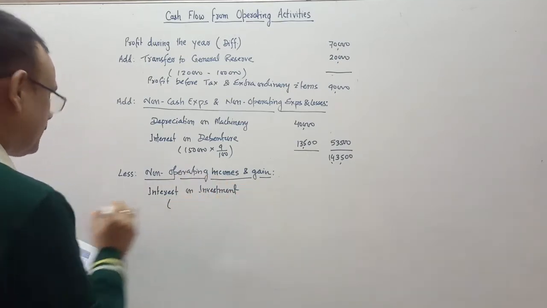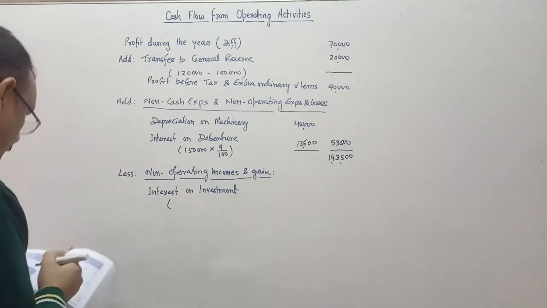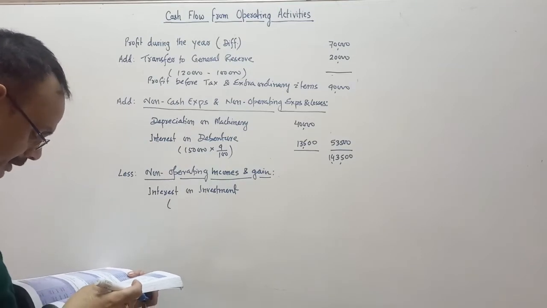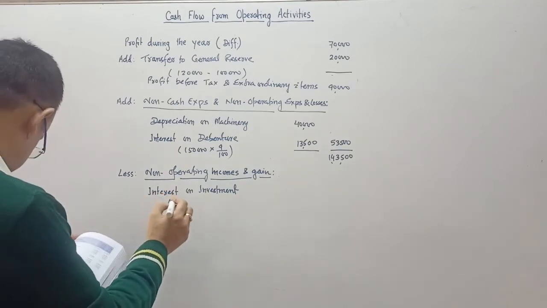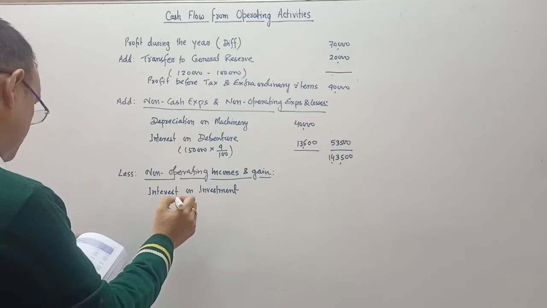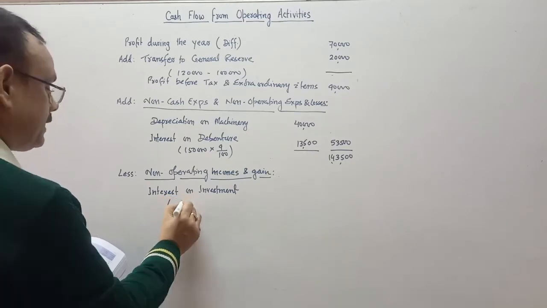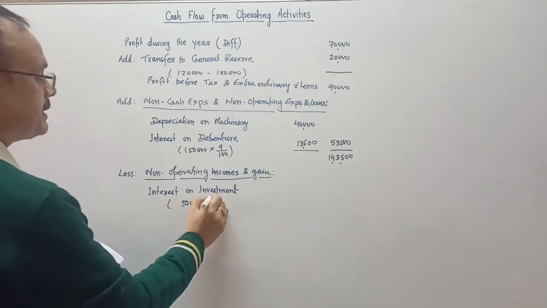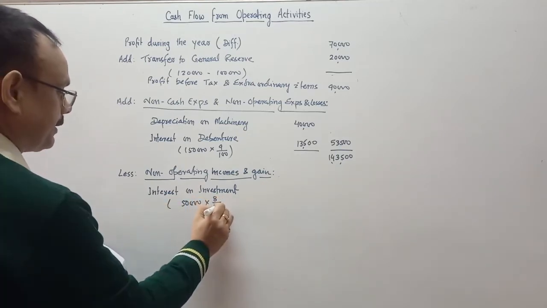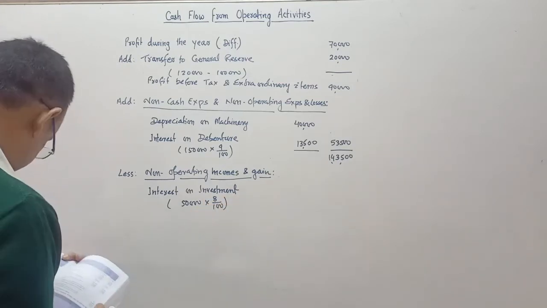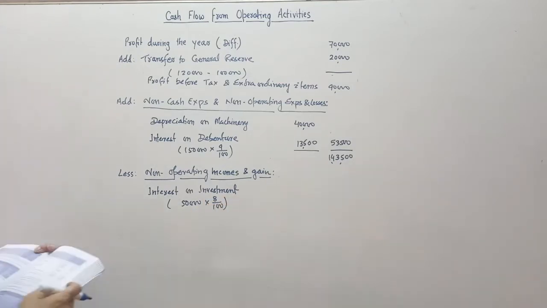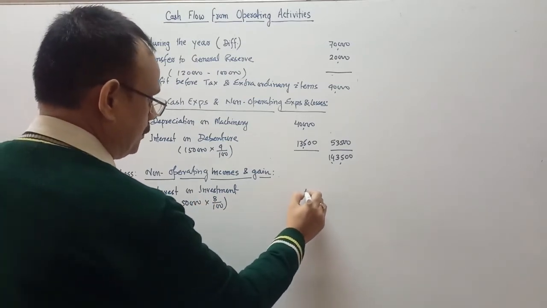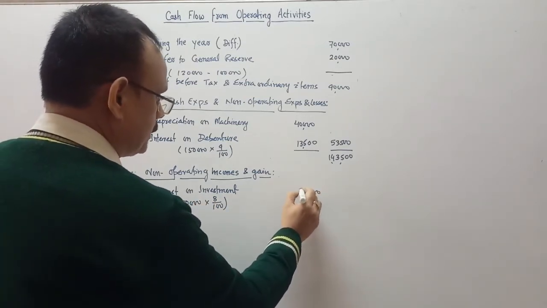So how much is the investment? The non-current investment is 50,000, at the rate of interest of 8%. So 8% of this is 4,000.